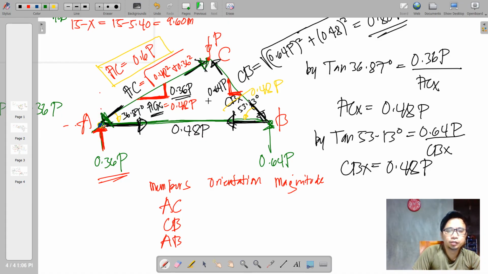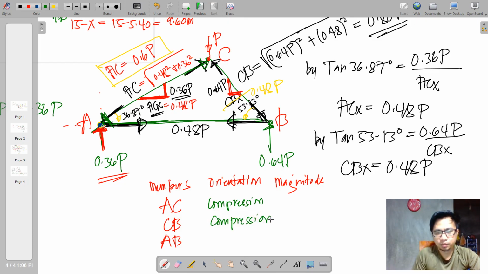So when it is towards the joint, that is in compression. And then CB is also towards the joint, so therefore that is also compression. And then AB is away from the joint, so that should be in tension.